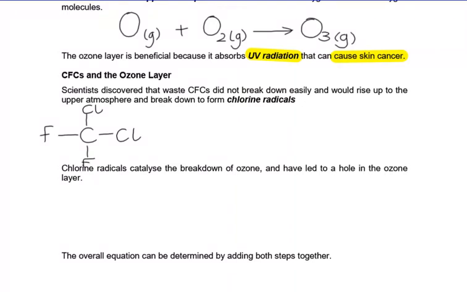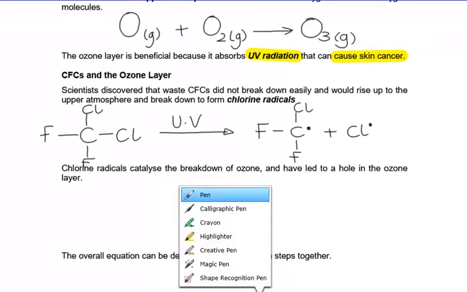chlorofluorocarbon. And what happens is when UV light shines on our chlorofluorocarbon, the carbon-chlorine bond is broken. Now this is very, very similar to the reaction that we studied in alkanes, free radical substitution, where the bond is broken and radicals are formed. So we've formed a radical that is a chlorine radical.